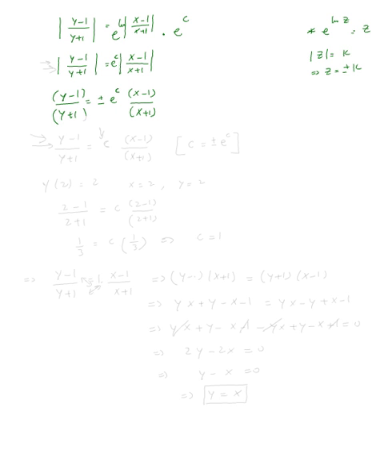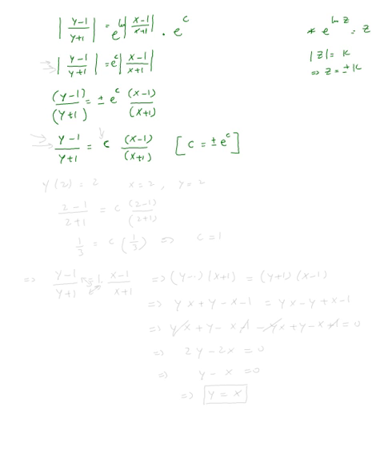Let's use parentheses for all of them. Now I'm going to call minus or plus e^c some constant c. So y minus 1 over y plus 1 is equal to some constant c times x minus 1 over x plus 1. So I'm calling c to be minus or plus e to the c.